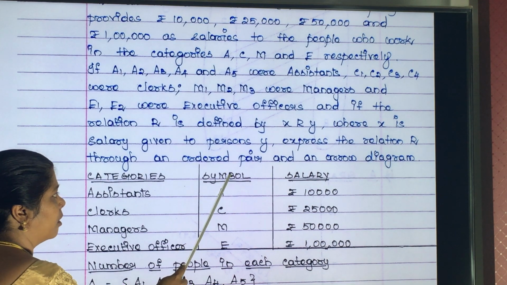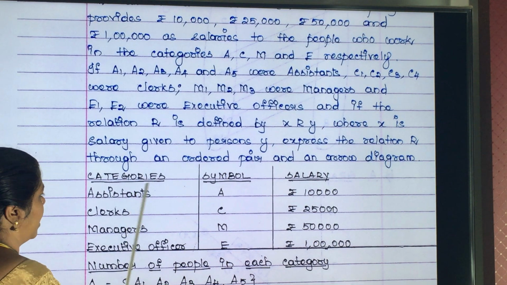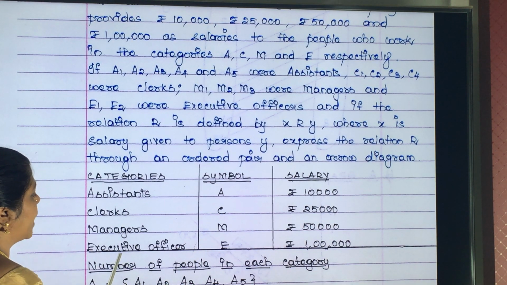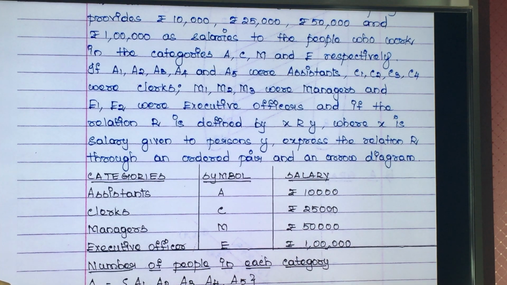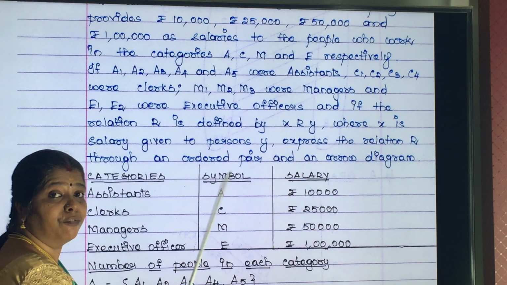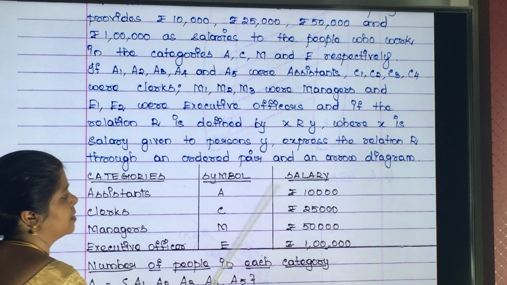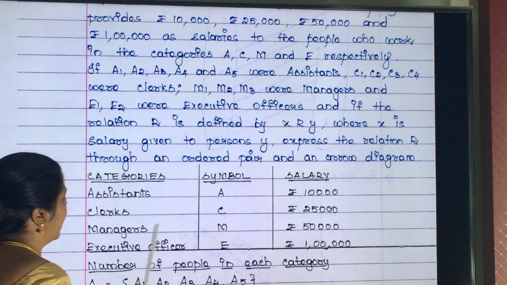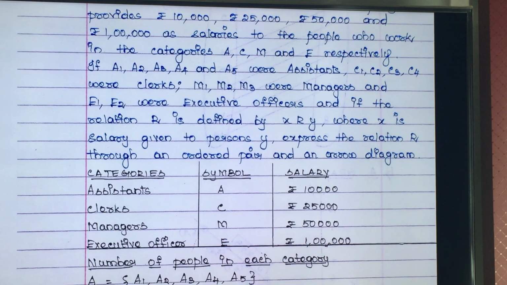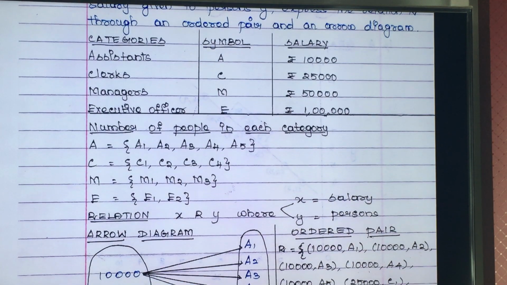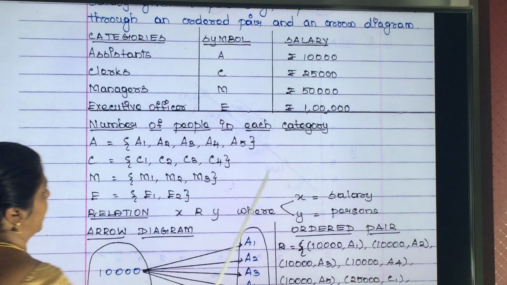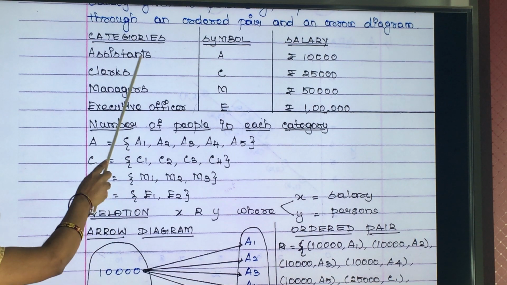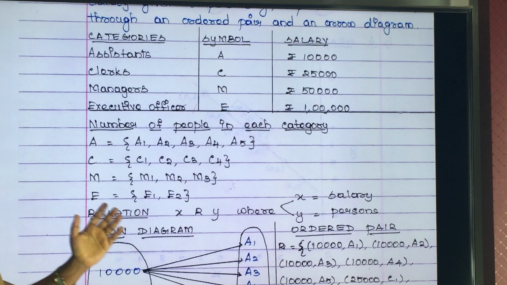The symbols are A, C, M, E. The salaries are 10,000 for assistants, 25,000 for clerks, 50,000 for managers and 1 lakh for executive officers. Now, the number of people in each category. There are 4 categories.